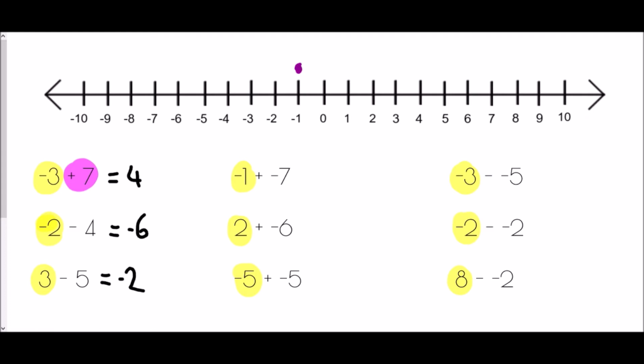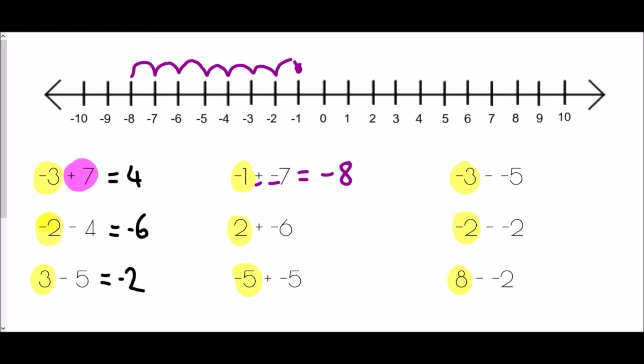So we're going to begin at -1, but here, because we are adding a negative, add would suggest we go to the right, but because we are adding a negative, that reverses the operation. And so instead of going to the right, we're actually going to go to the left 7 places. 1, 2, 3, 4, 5, 6, 7. And so we would end up at -8.